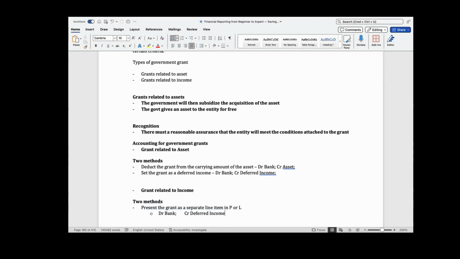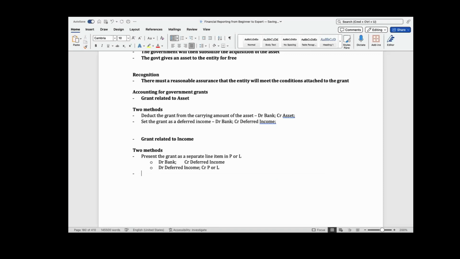At the end of every year, in year one, you debit deferred income and credit P&L grant income. In year two, you do the same thing. Over the period, your deferred income gets written off, and you will have recognized the grant income to P&L over the 2 years.